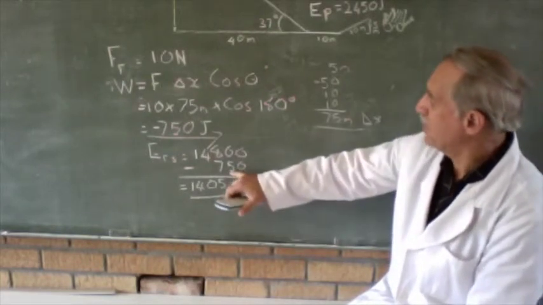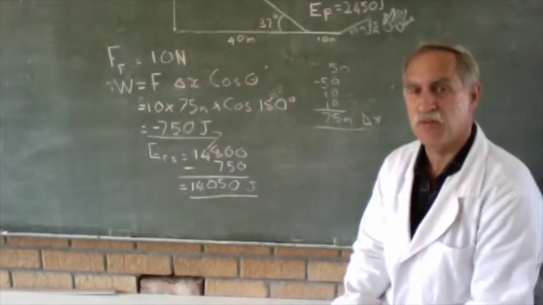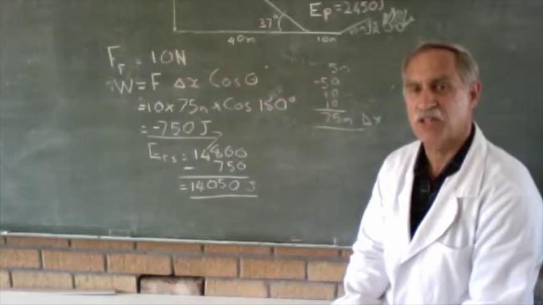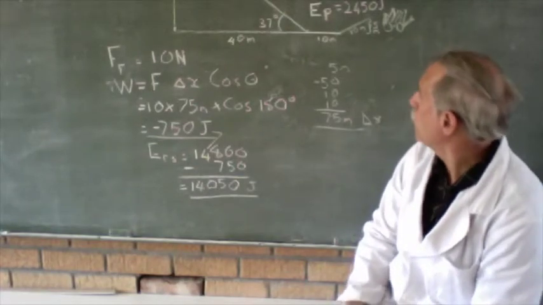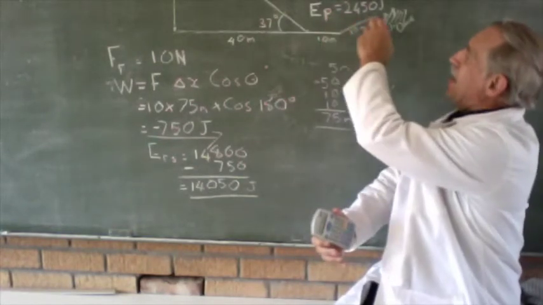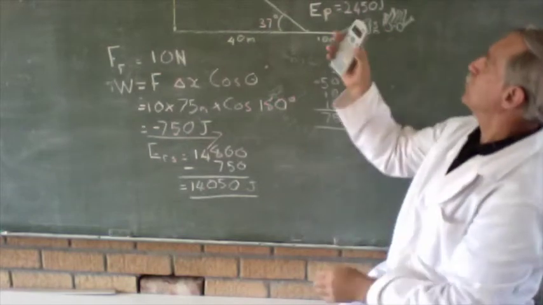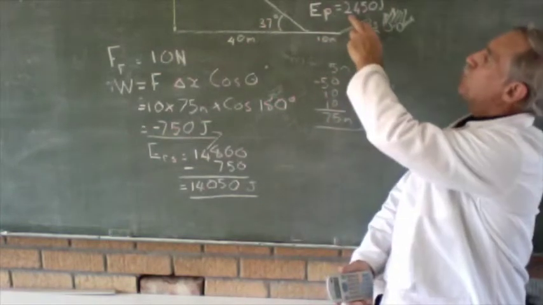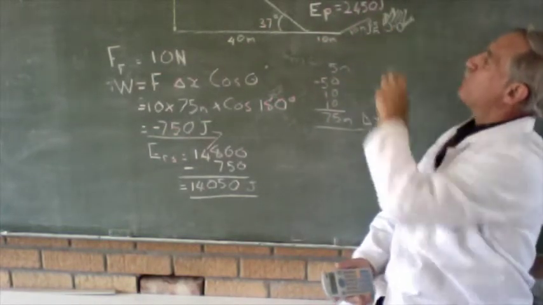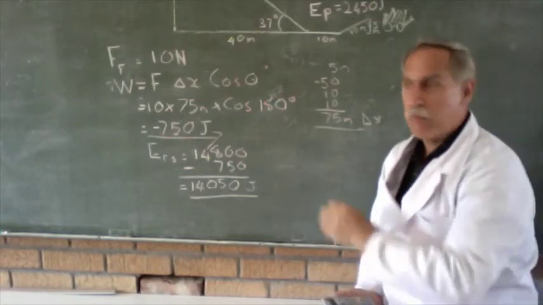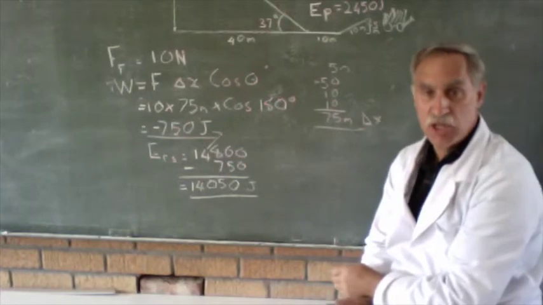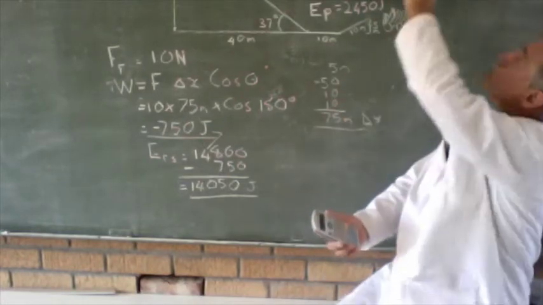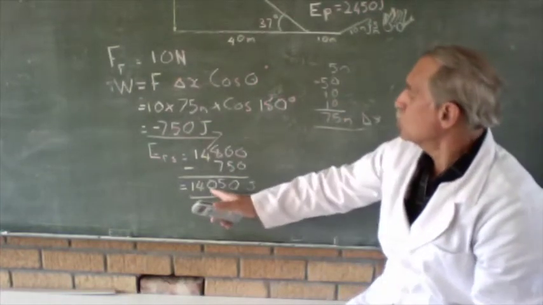So, friction has subtracted 750 joules of energy from our starting total mechanical energy. Now, at the end of the ramp, because of the height we calculated in the previous problem, we had 2450 joules that went back into mechanical potential energy to go up the slope using mgh. So what are we going to do?